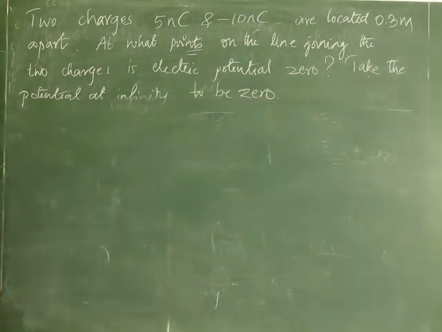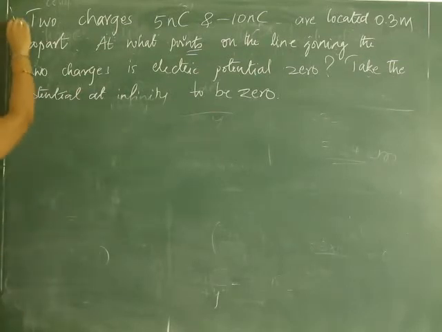At what points on the line joining the charges is the potential 0? Other things are same. Homework: 5 nanocoulomb and minus 10 nanocoulomb are located 0.3 meter apart. At what points on the line joining the 2 charges is electric potential 0? Take potential at infinity to be 0.